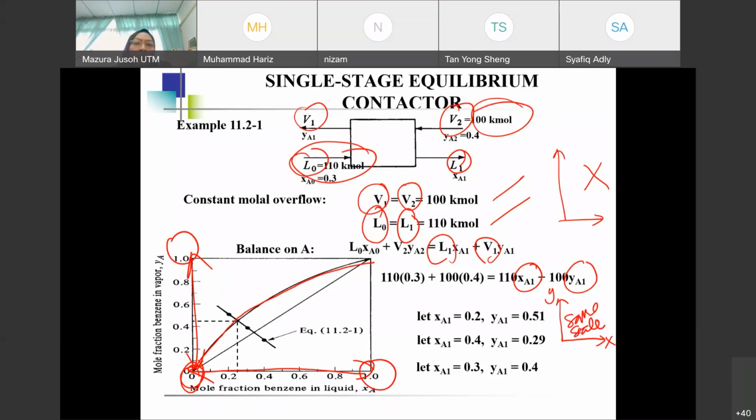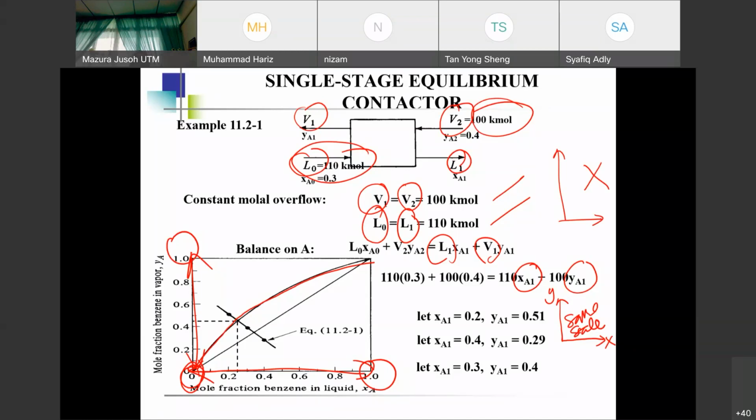Okay? Are you drawing the equilibrium line now? Yes or no? Are you drawing it? Okay. Draw the equilibrium line now. And I want you to do this trial and error together. How much time do you need to draw the XY plot? Give me a number.